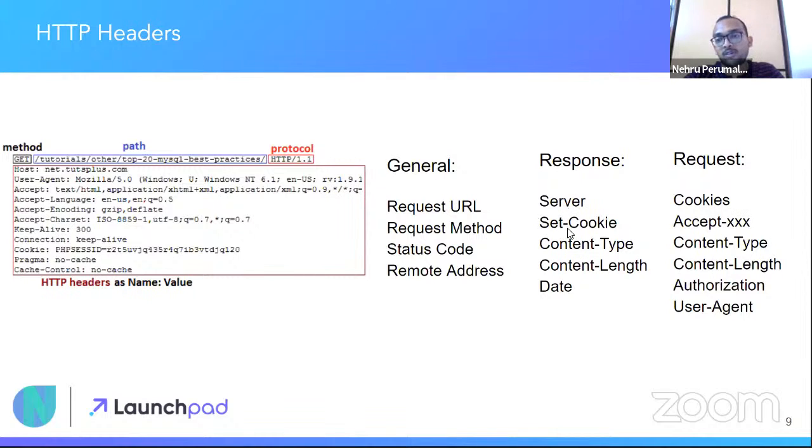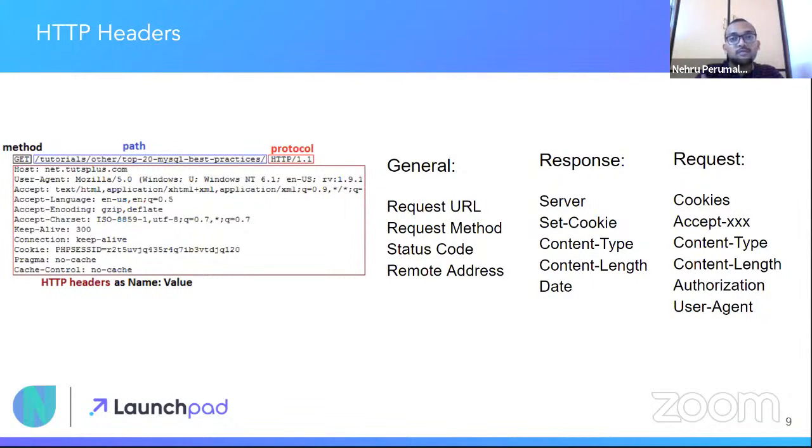Okay, whether they want to send some cookies to the client. Cookies are small chunks of data that the server will be sending to the client. So what is the content type? For example, the client requested some data from the server, then the server will be sending the data.